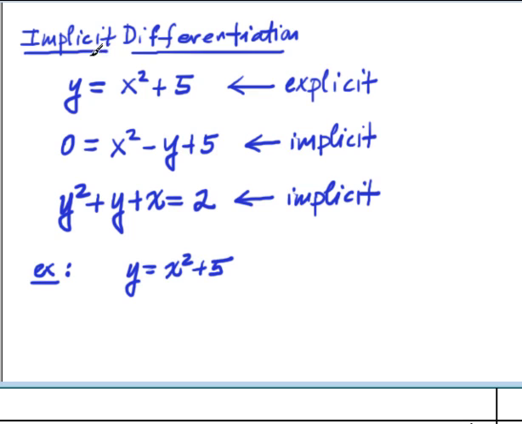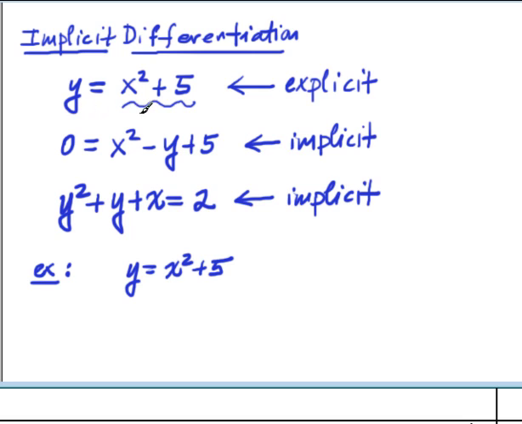Okay, now we're going to talk about implicit differentiation. So first let's see what we mean by an explicit function and an implicit function. Well, an explicit function is simply a function that's solved for y. It's written as y equal some function in terms of its variable, in this case x. Here the very same function is written implicitly.